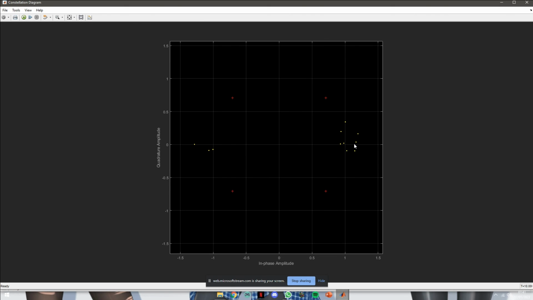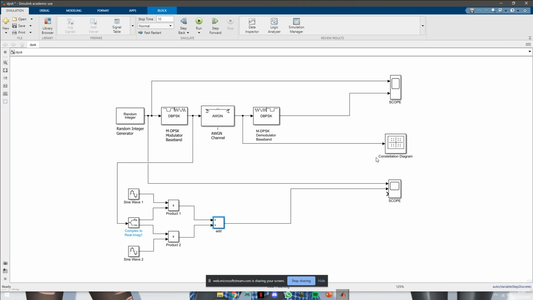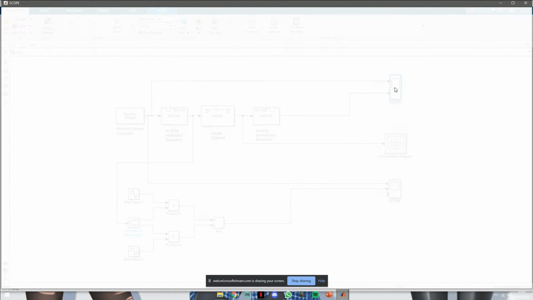Okay, as you can see, this is the constellation diagram. At the right one, here we have 1, 2, 3, 4, 5, 6, 7, 8 dots. And the left one you have 3 dots. As you can see, we are using 10 seconds as the default. Then we move to the scope.